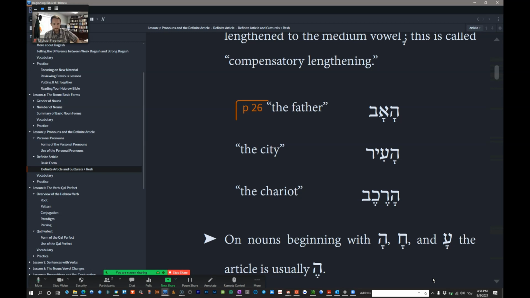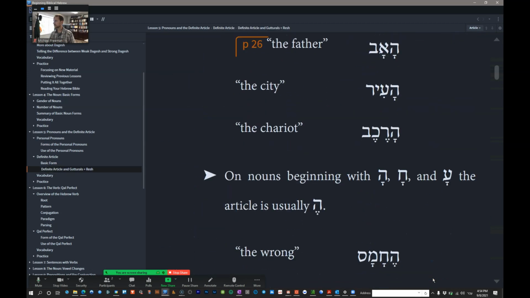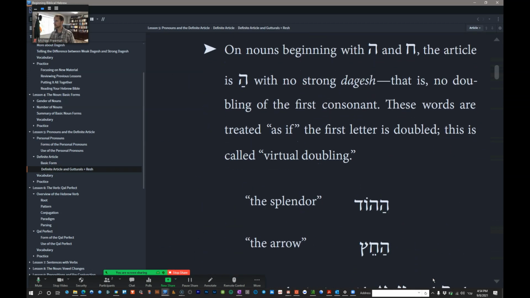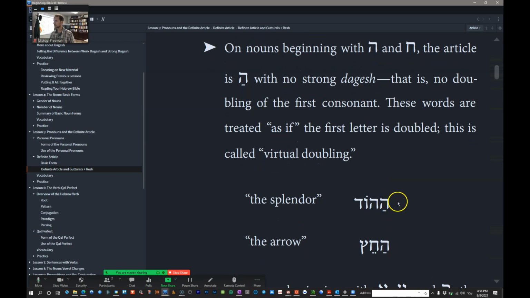If it has hey patach dagesh, it's almost certainly the definite article. If it has hey patach, it's probably the definite article, because that's what happens in the.